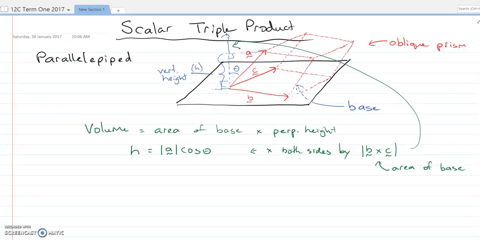That is my cross product. My cross product has the magnitude as the area of the parallelogram, and the direction is perpendicular to the page. So that's the length of that side. Alright, so if I multiply both sides of this equation by the length of that side, the B cross C, and over here I'll put it like this.